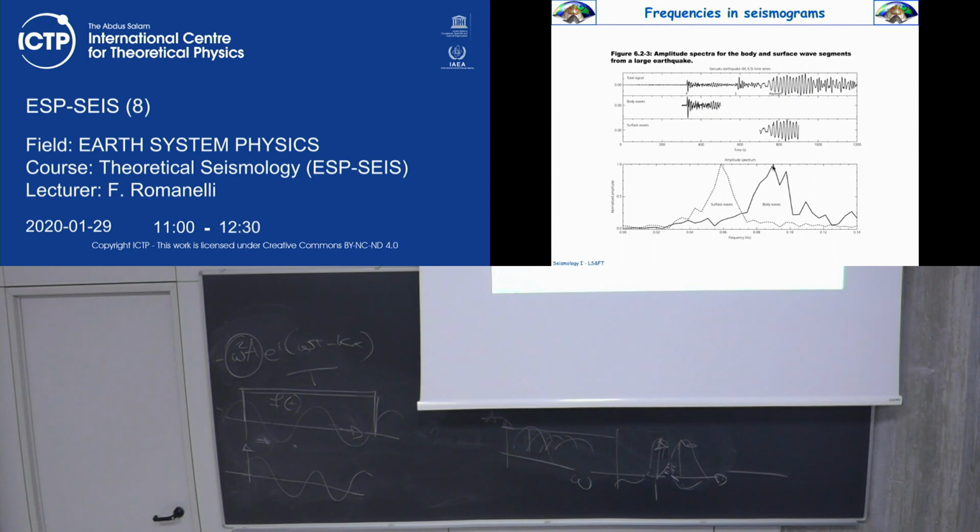If you look at these different portions of a seismogram, the spectrum is different. For example, body waves are relatively higher frequency than surface waves. This is important because Ms, that will be defined as the magnitude connected to surface waves, will be defined at 20 seconds. And mb, that is the body wave magnitude using body waves, will be defined at 1 second. That is a shorter period than 20.